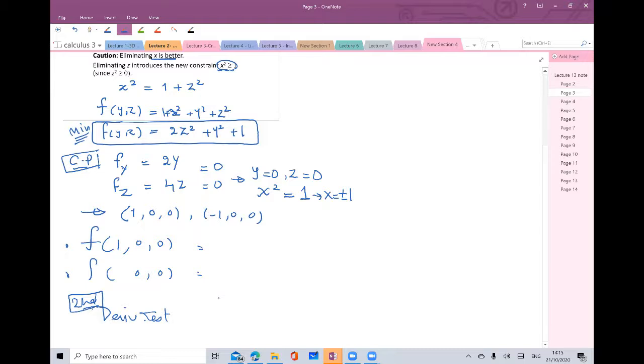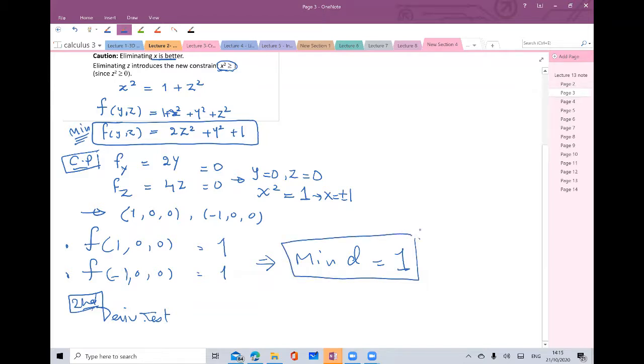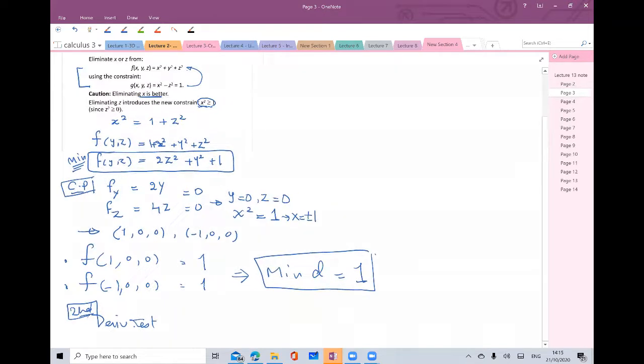So what is the value of the function? Substituting here, I'll have 1 and 1. So it is clear that the minimum distance from the surface to the origin is equal to 1. This is the solution of this problem.